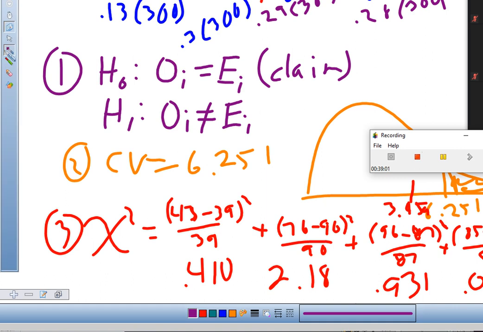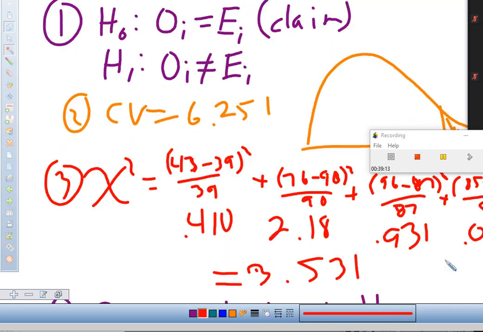So I need to fix that because that was hard to read. That's a 90. All right, so when I do all these, I'll end up getting 0.410, this is 2.18. Do you guys want me to show you on the calculator quickly?